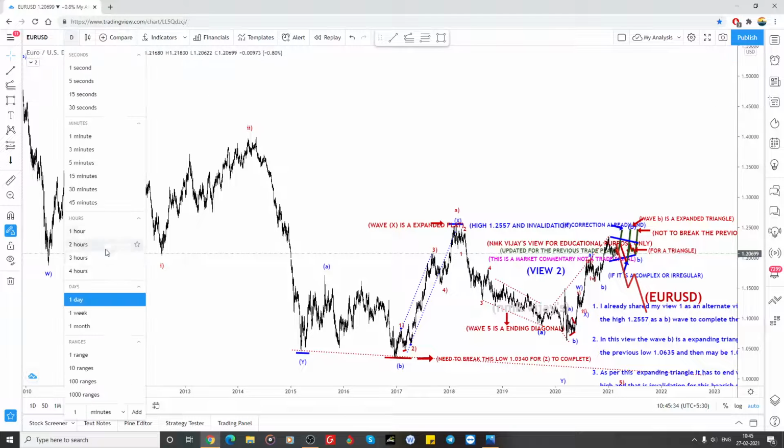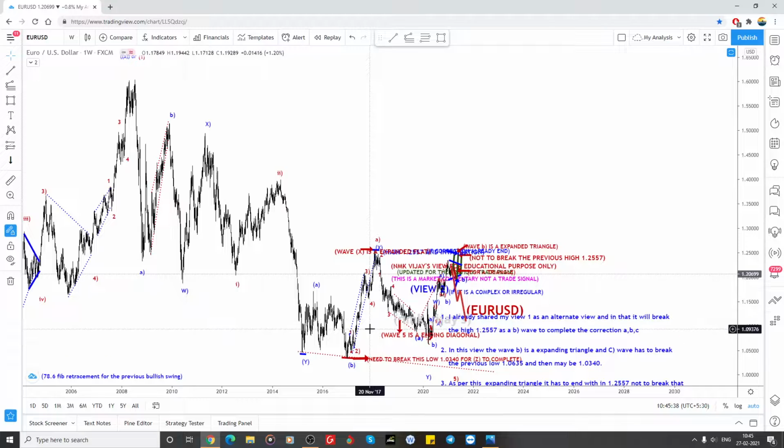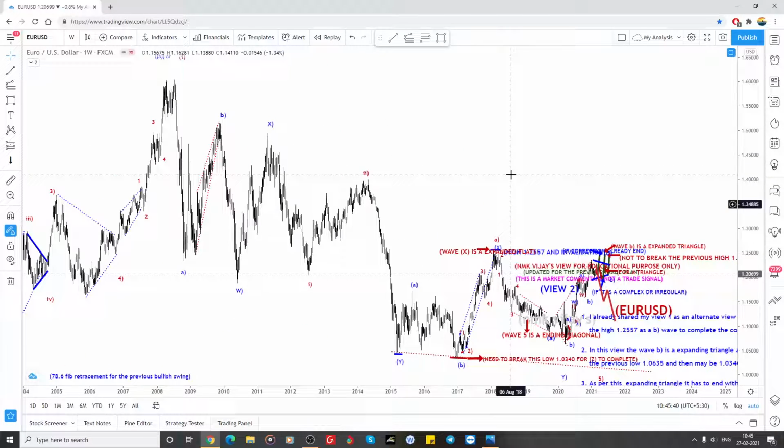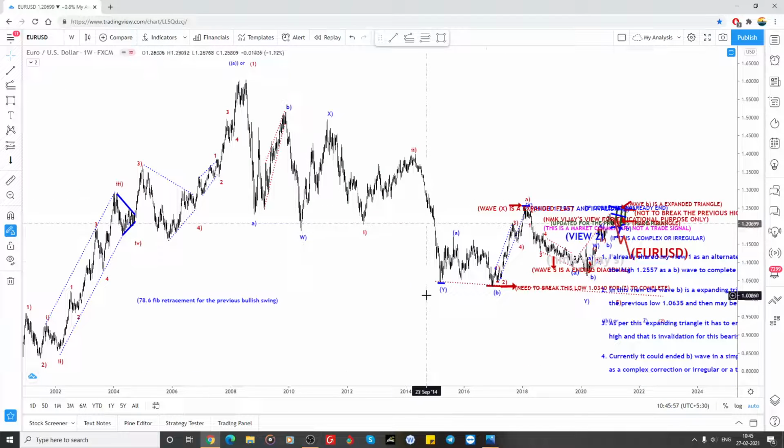So here in the weekly, we make this as A, right? 1 2 3 4 5 is the A. So we are in that B wave. It could be a triangle, so intermediate B could be a triangle. 1 2 3 4 5, so this is the A here.